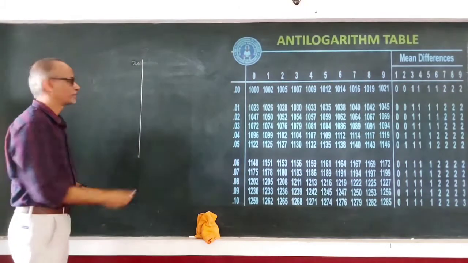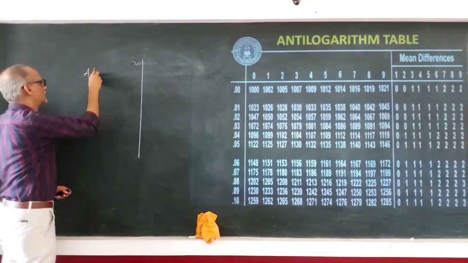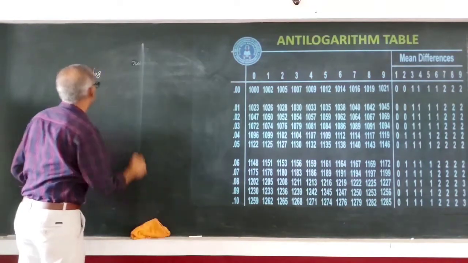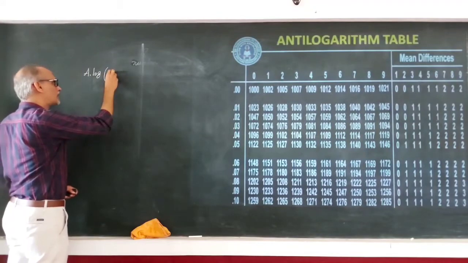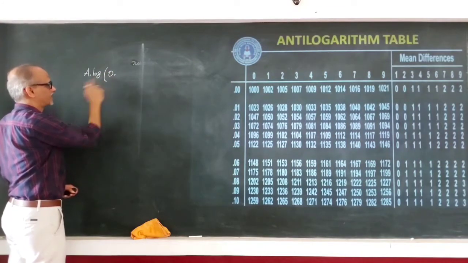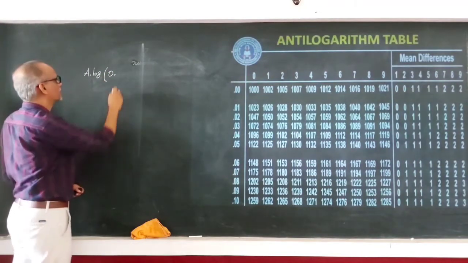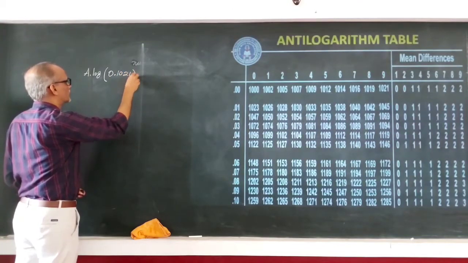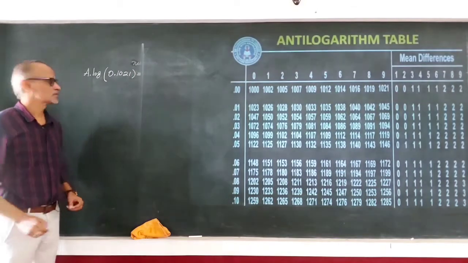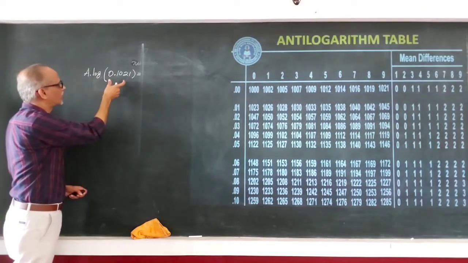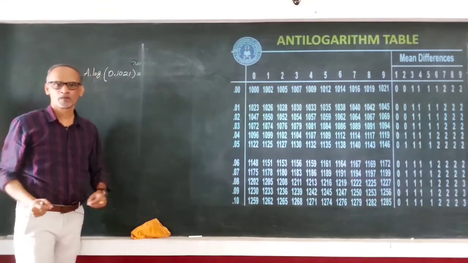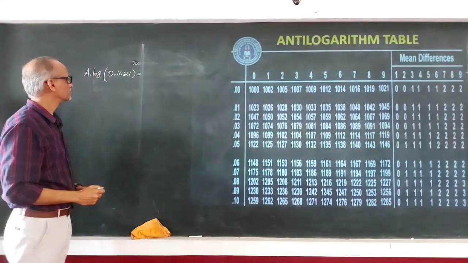The first one, antilog, we write it as antilog of a value having positive characteristic, and the mantissa I'm going to write as 1021, like this. So I want to find the anti-logarithm of this value, which gives me a number. So what is the method involved?